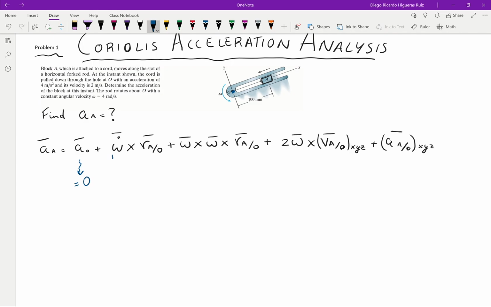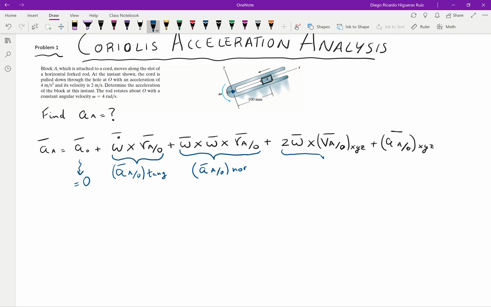The second term right here, like I said, is the tangential acceleration of A respect point O. The next term is the acceleration of A respect point O, but now it's the normal acceleration.